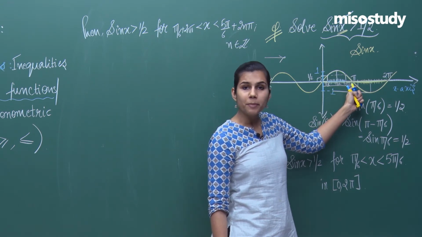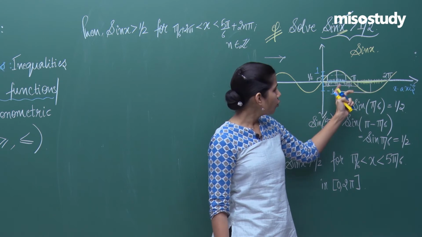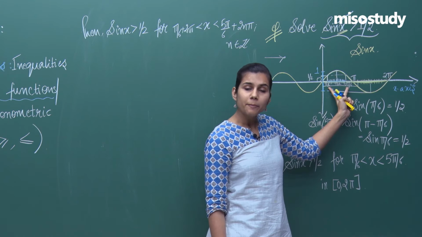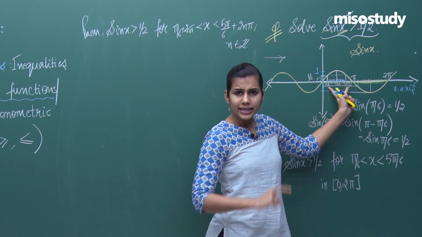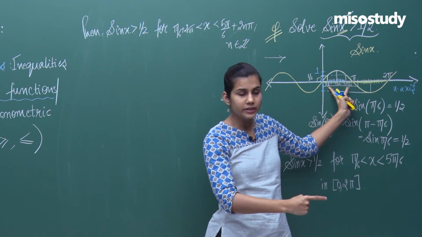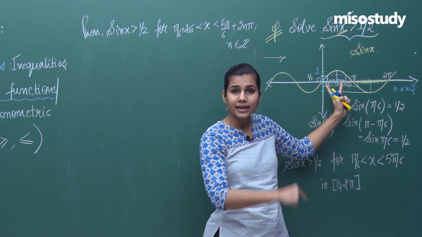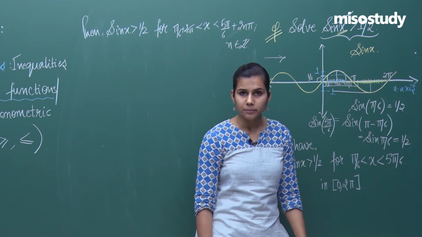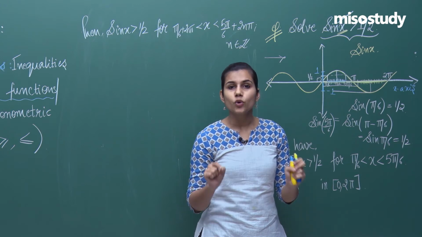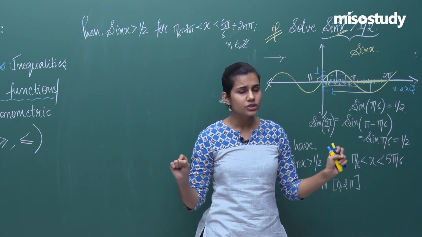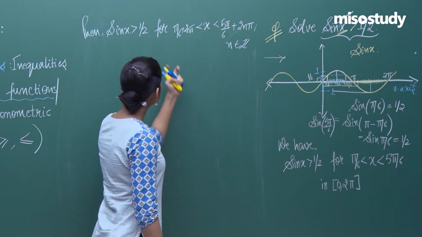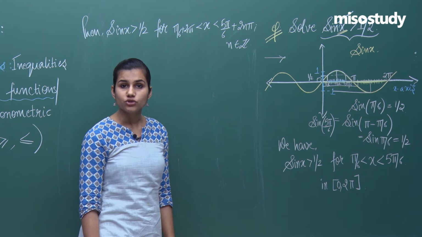And because 2n pi is the period of the sine function, whatever is the behavior of the sine function in this interval, pi by 6 comma 5 pi by 6, the exact same behavior will be portrayed in the interval pi by 6 plus 2n pi comma 5 pi by 6 plus 2n pi. And that is why I can guarantee that adding 2n pi is going to give me the entire solution set for this inequality.